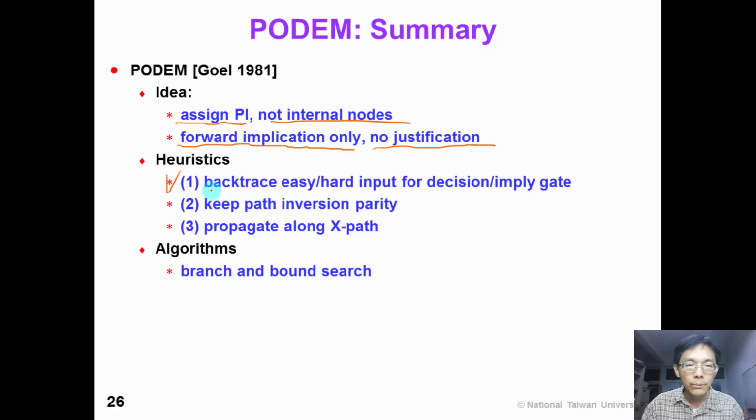Heuristic number 1: backtrace the easy or hard input for decision or implied gate, respectively. And it also keeps the path inversion parity for the primary input value to assign. We also propagate the fault effect along the shortest X path. And the PODEM algorithm is a branch and bound search algorithm.